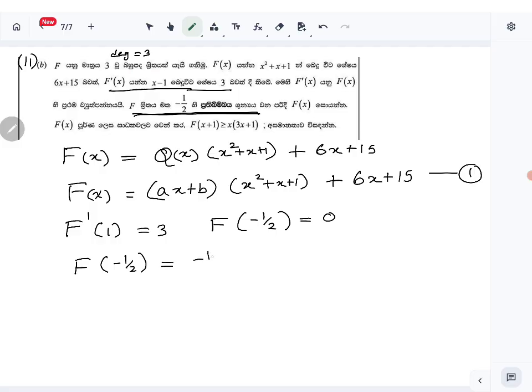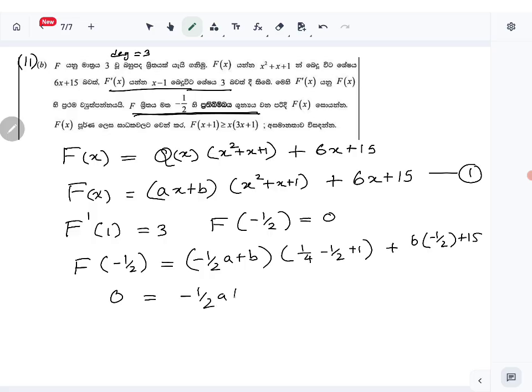So what do I get? Minus half a plus b, 1 over 4 minus half plus 1, 6 into minus half plus 15. So this side is 0. So I have minus half a plus b, 1 over 4 minus half minus 1 over 4. So 3 over 4, minus 3 plus 15.